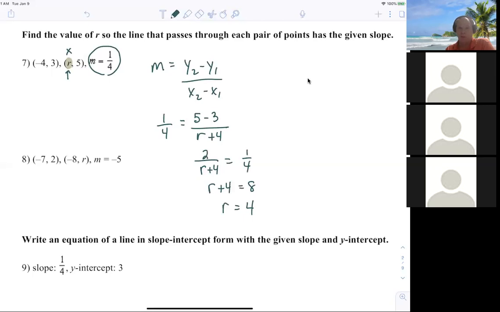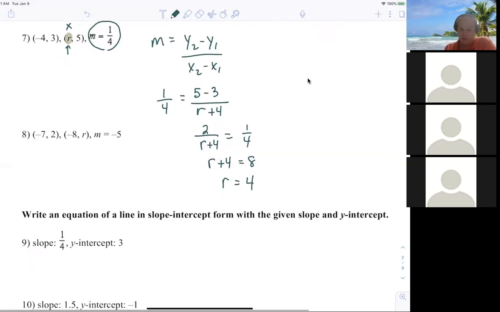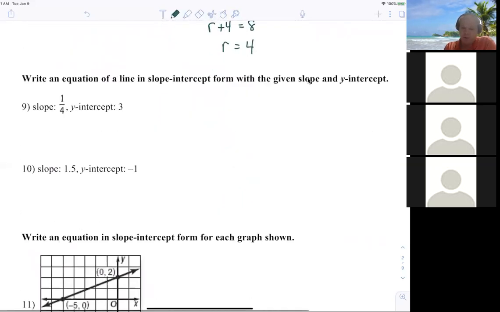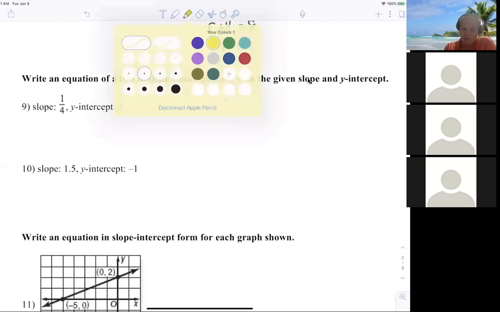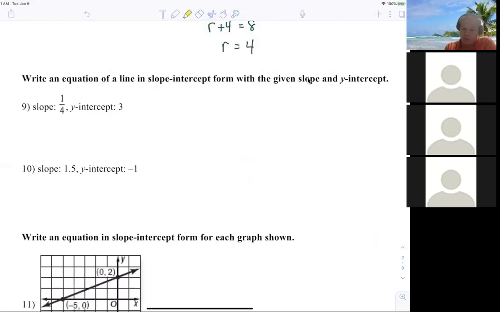All right, that's the important one, where you have to find the missing coordinate. Now we're back to writing the equations of lines, okay? Now, again, what I want to do is highlight and review, because we have 3 forms you're responsible for. The first form is slope-intercept.